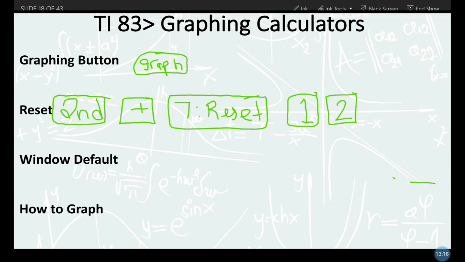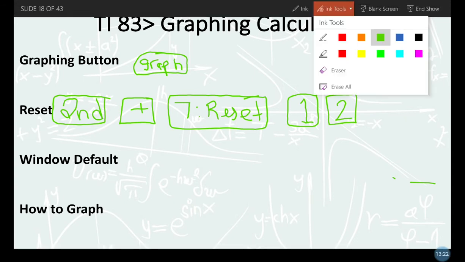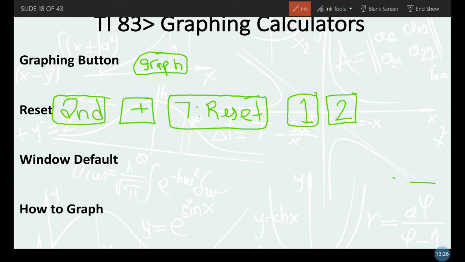The other thing is just looking at some window defaults on your graphing calculator. Sometimes you have to play around with the window setting on your calculator. If your window doesn't look like what my window just looked like, you can always hit the zoom button, and then number 6, which is standard.